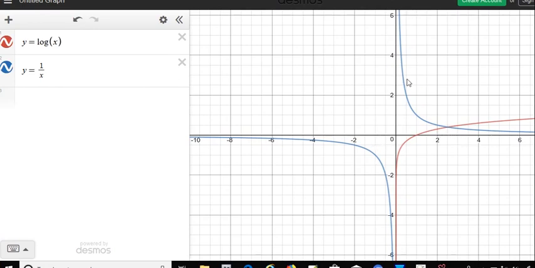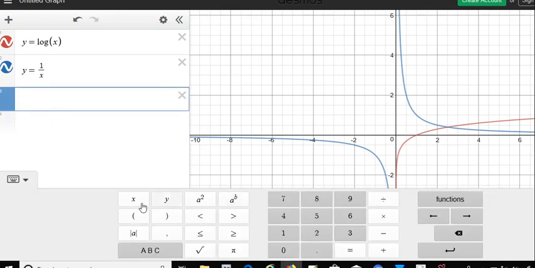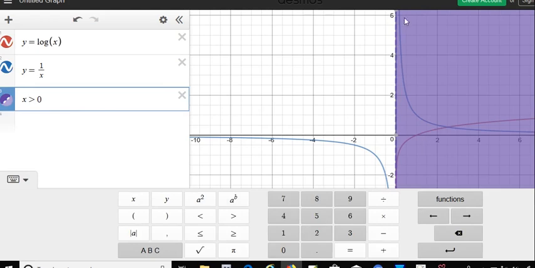Now one thing you can see is that this does not give you any output values, right? So we will take a condition here which is x is greater than 0. So it is showing this part of the graph, right? So this is what we need.